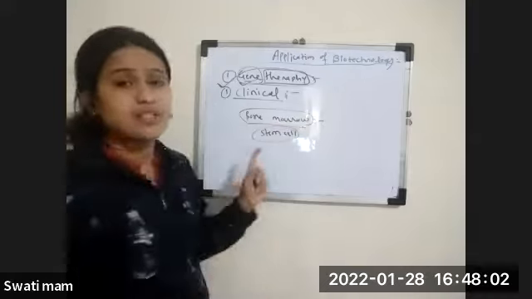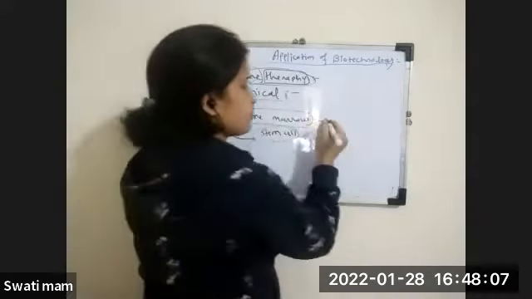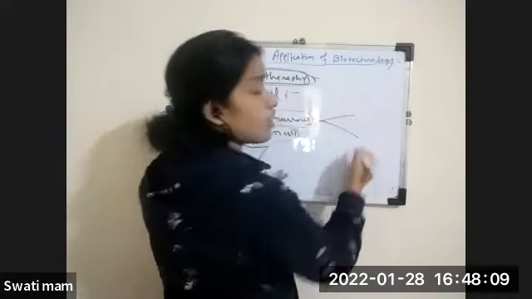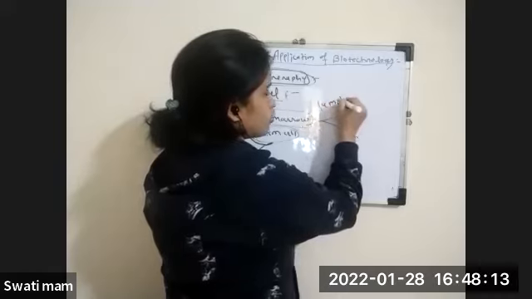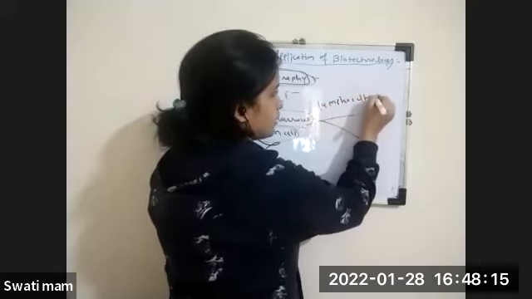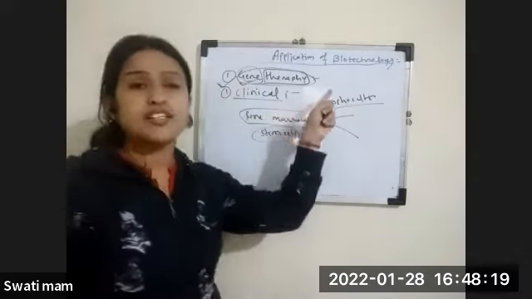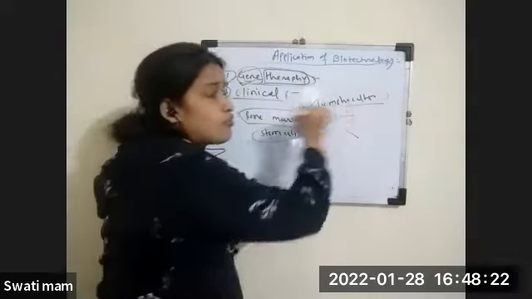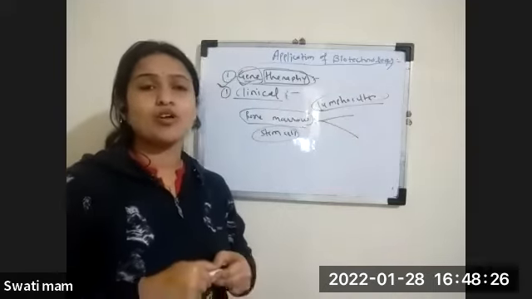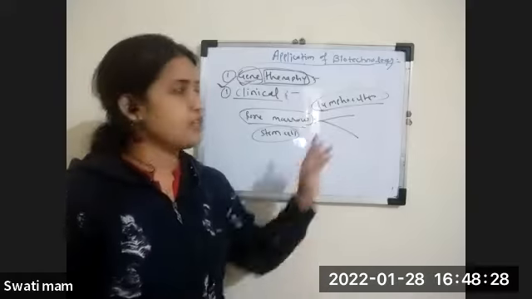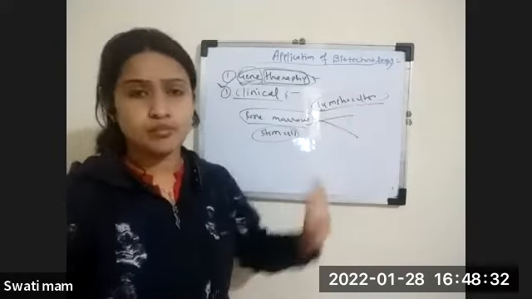Stem cells are present in the bone marrow, and from that bone marrow there is a formation of lymphocytes. Within the bone marrow the lymphocytes are formed. Now what is a lymphocyte? Lymphocytes are the main and important components of the immune system.